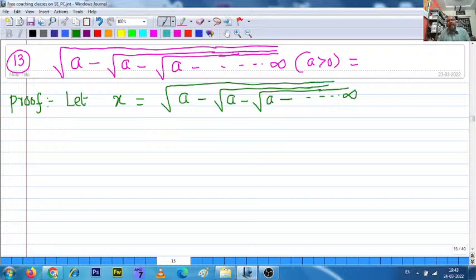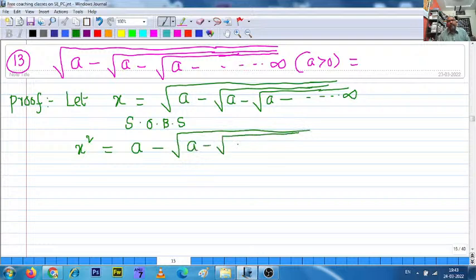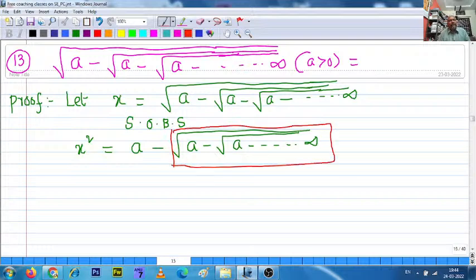Am I correct now? Squaring on both sides, what do you get? x square equals a minus root of a minus root of a and so on to infinity. Just concentrate on this one, my dear students. Again our problem will appear, so in the place of this you can replace x.